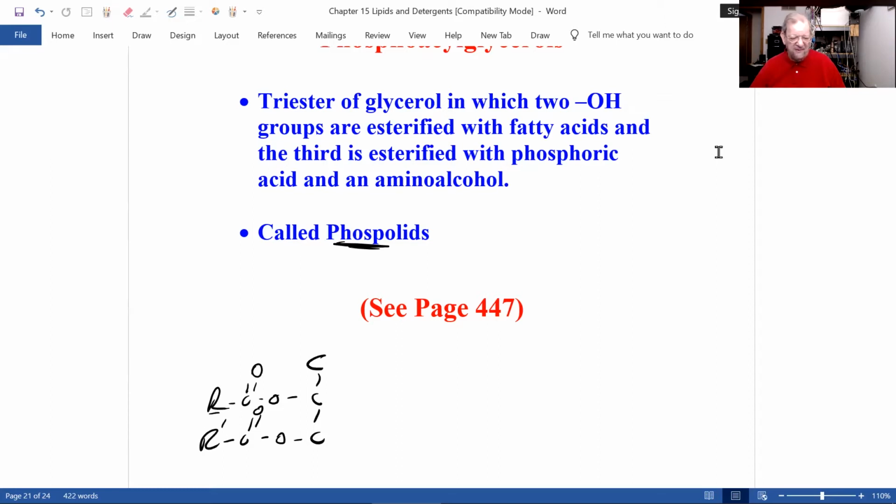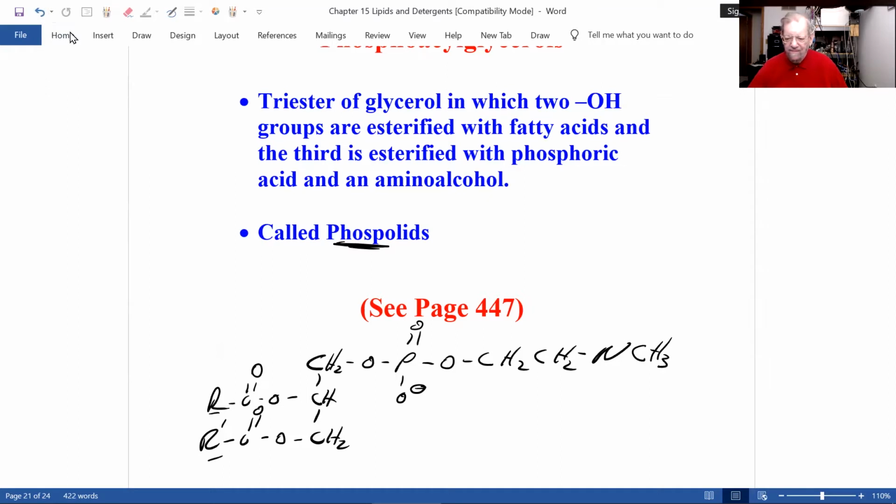R prime and R double prime can be the same or different. And this is a phospholipid.